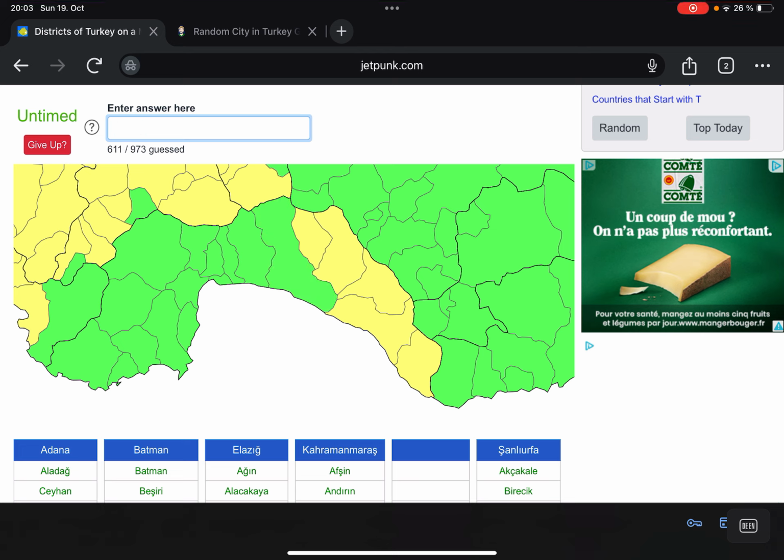Manavgat, İbradı, Akseki, Gündoğmuş, Alanya, and Gazipaşa.